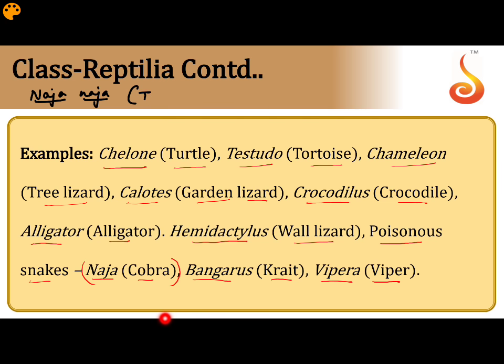Such names are called tautonyms. I know it is a deviated point. You can always remember these are the kind of questions you can expect in future classes. So, Naja naja, a cobra, is a tautonym. Both generic and specific names are the same.